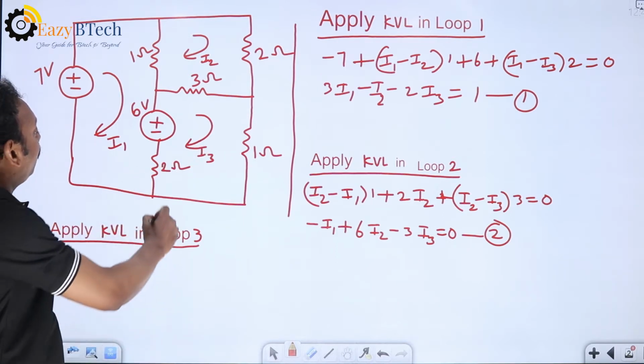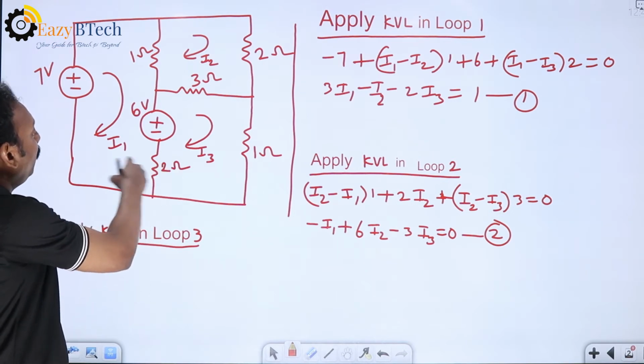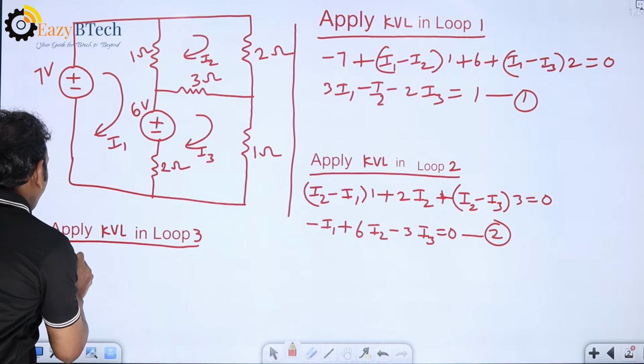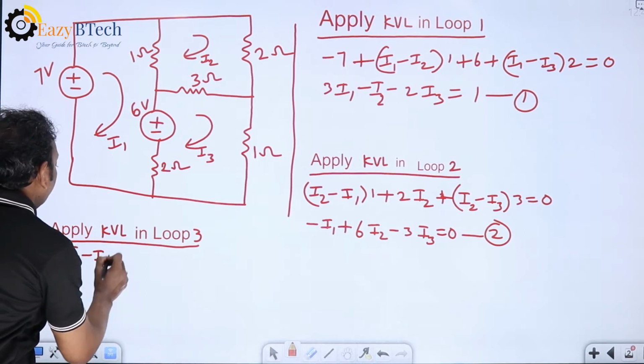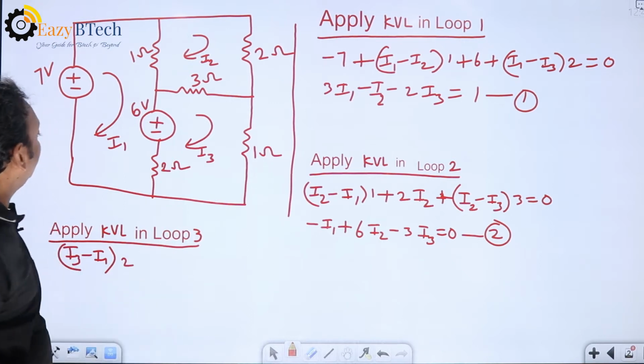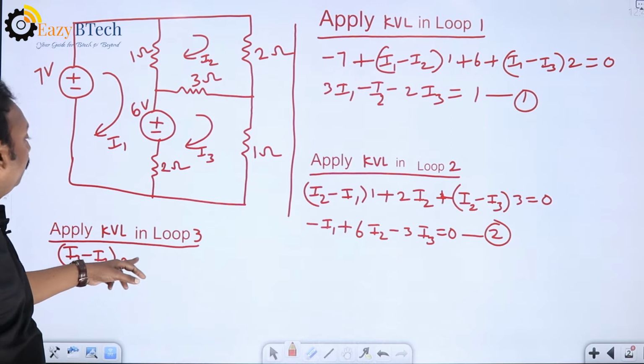Algebraic sum of the voltages in your loop equal to 0. Now, the 2 ohms is present between the third loop and first loop. Therefore, I3 minus I1 into 2 is the voltage across the 2 ohms resistor with respect to loop 3.